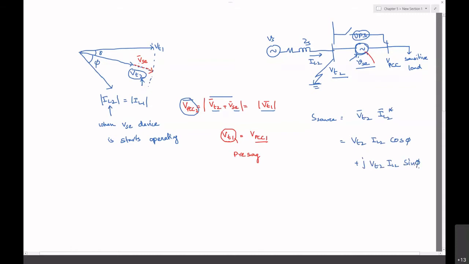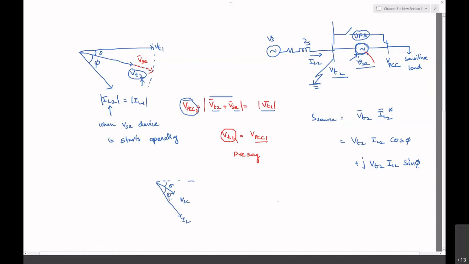And now the series voltage is also there. If I draw the series voltage, this is VSE, which is at an angle delta, and there is a current flow also. IL2 is at an angle of phi.